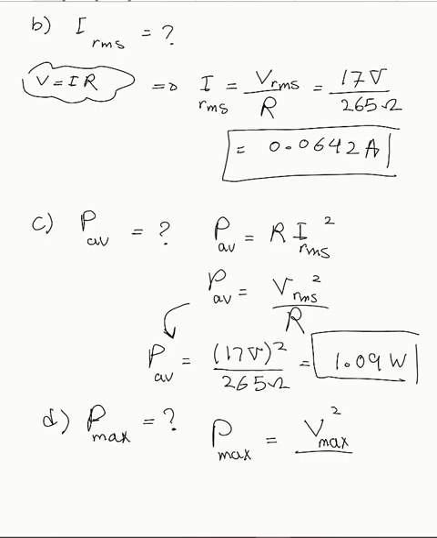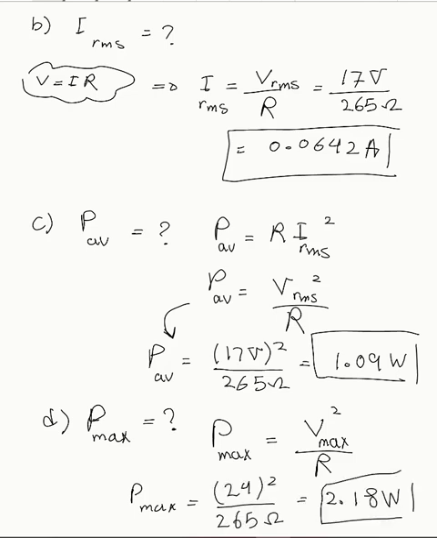So I'm going to write P max equals V max squared divided by R. I am plugging in the 24 volts, which was the maximum voltage, squared, divided by 265 ohms. So I'm getting 2.18 watts.